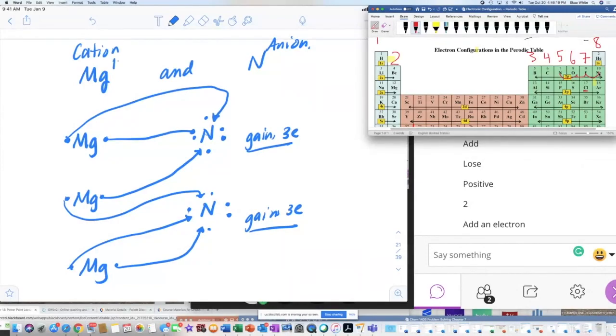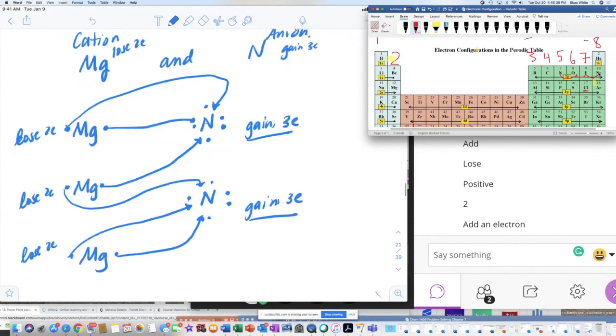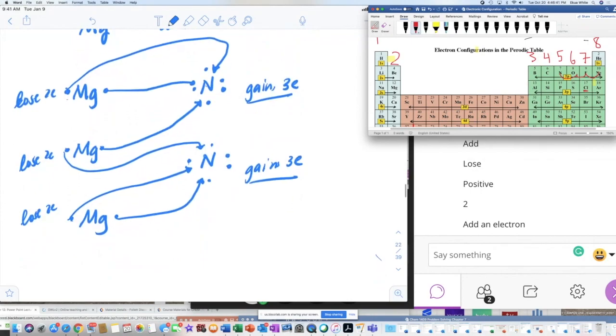So you see here, each magnesium is losing 2 electrons. Each nitrogen is gaining 3 electrons. This one here loses 2 electrons. This one here loses 2 electrons. This one here loses 2 electrons. But it takes 3 magnesiums to satisfy 2 nitrogen.